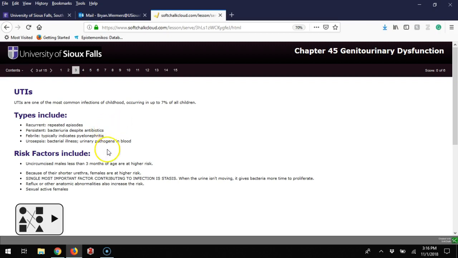So some of their big risk factors: uncircumcised males less than 3 months of age are at a higher risk, as well as females because of their shorter urethra. I think that you guys are all aware of that. One of the biggest things is urinary stasis. This means that the urine's not moving. So people aren't drinking enough, number one, to cause filtration and a pressure to void.